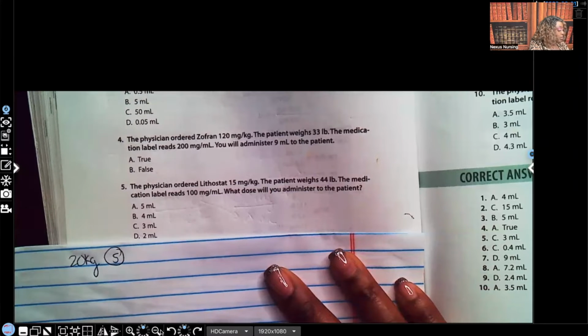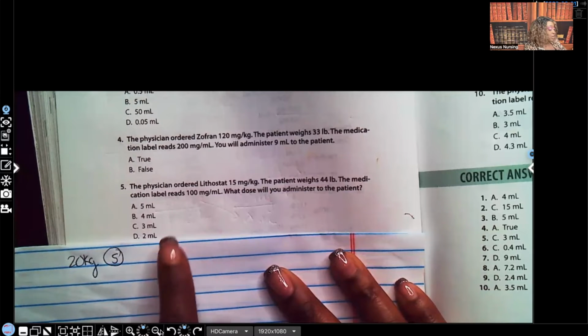As always, we're going to start with our pounds. Convert that to kilogram. 44 divided by 2.2 is 20. So our kid weighs 20 kilograms. Okay, so I'm going to write my 20 kilograms here so I don't forget.